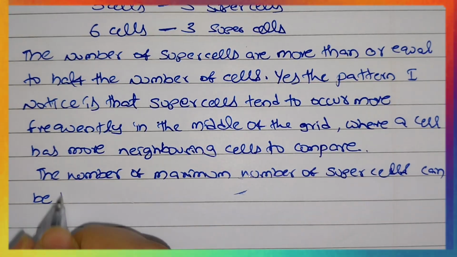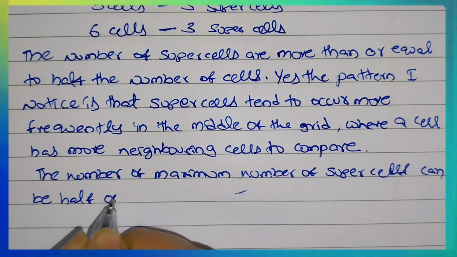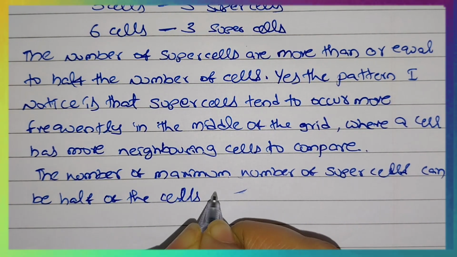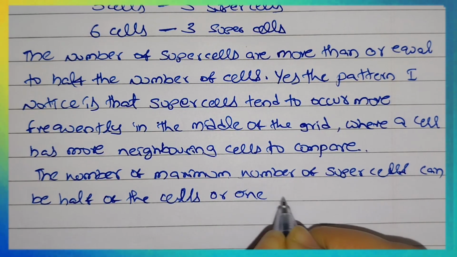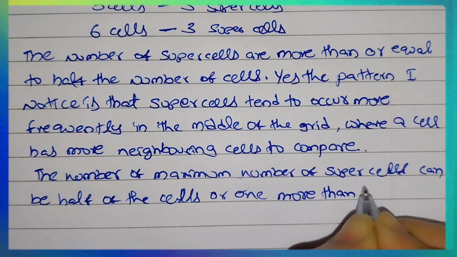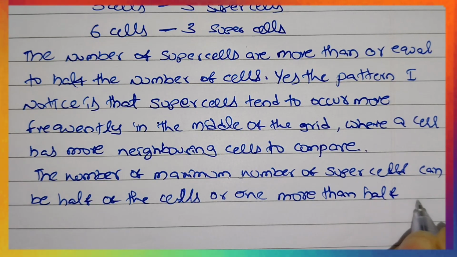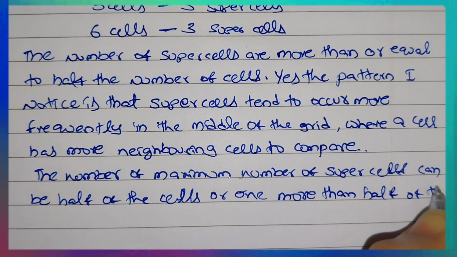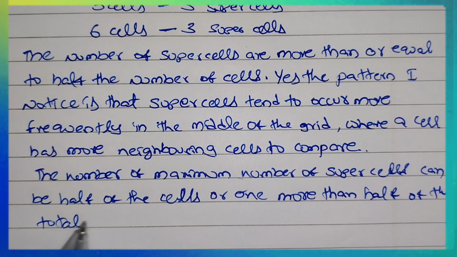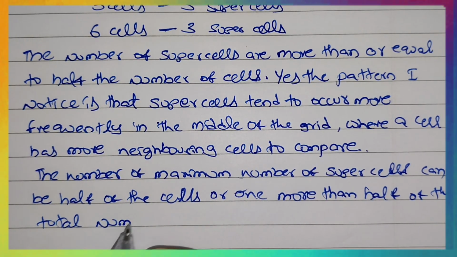What we learned in this table about supercells: what is a supercell? A cell in a table or sequence of numbers that has a value greater than its adjacent cells, the cells immediately before and after it. In other words, a supercell is a cell that is larger than both its neighboring cells. I hope you understand.